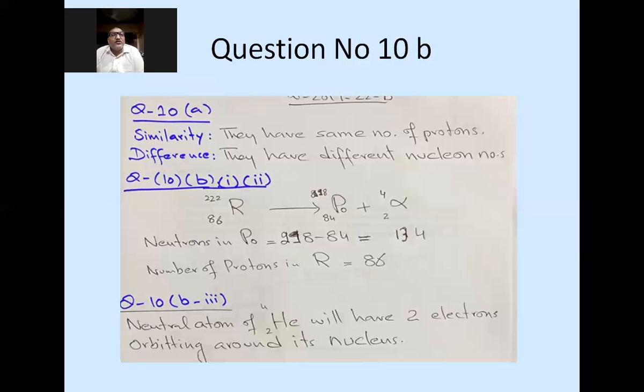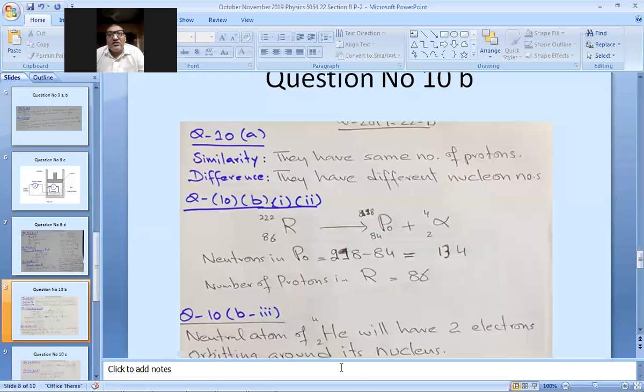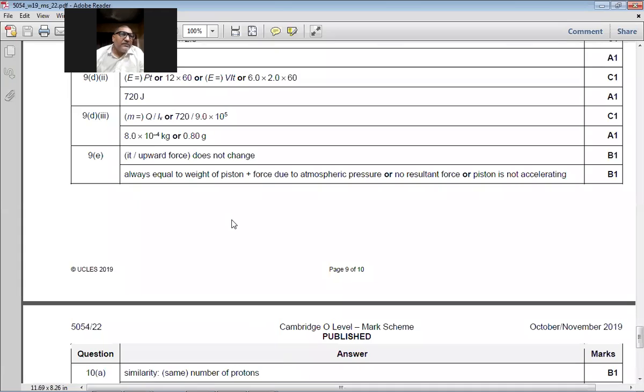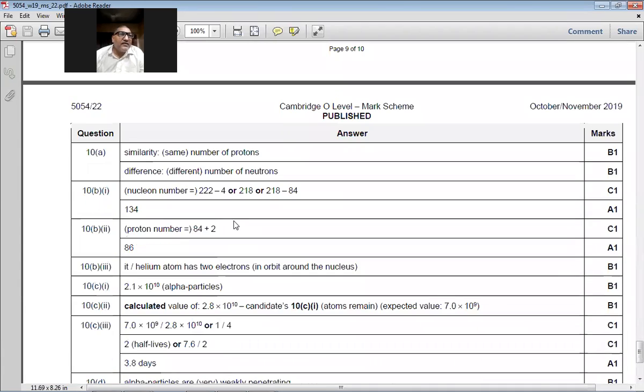Then the question was the number of protons in the radon. The number of protons will be 86. So these are the first and second parts of question number 10b. It's a little tricky one, not a straightforward question. Let's check the marking scheme. We are done with question 10b, first and second part.